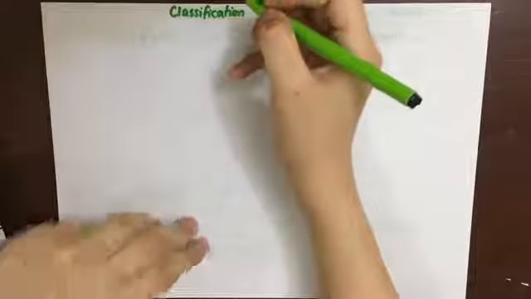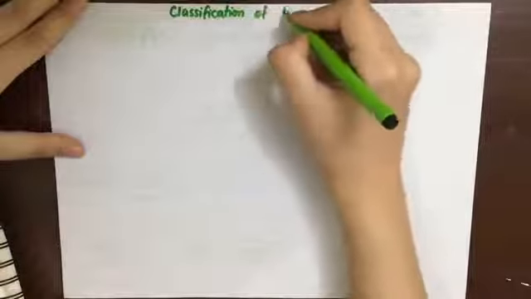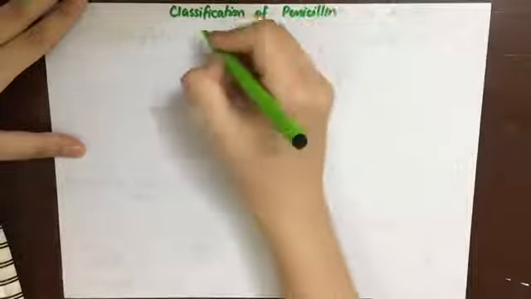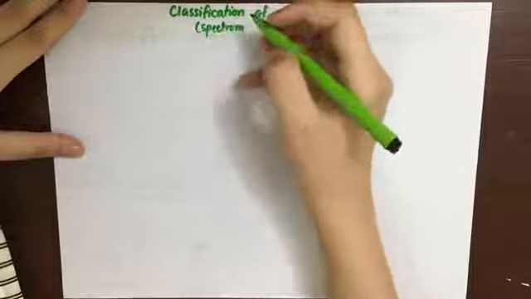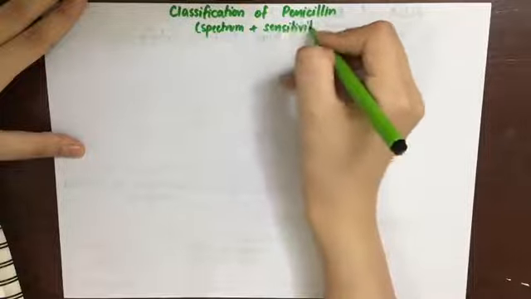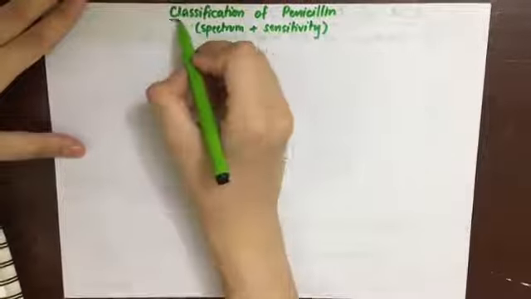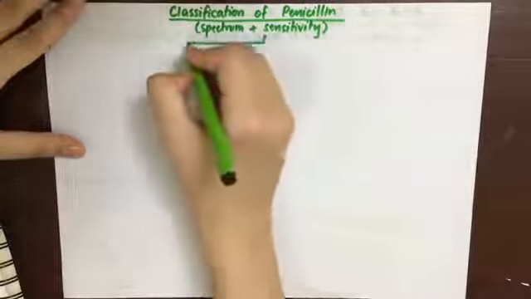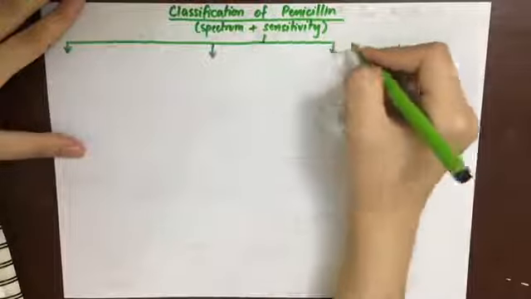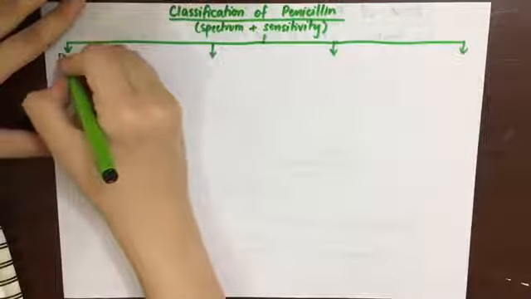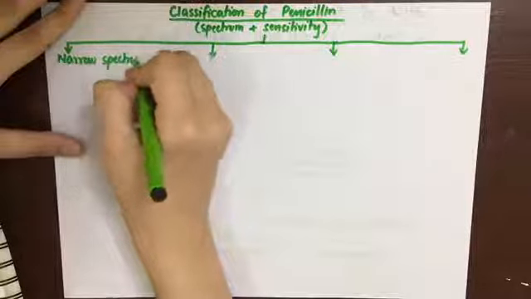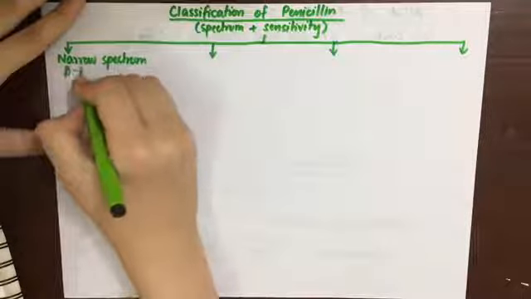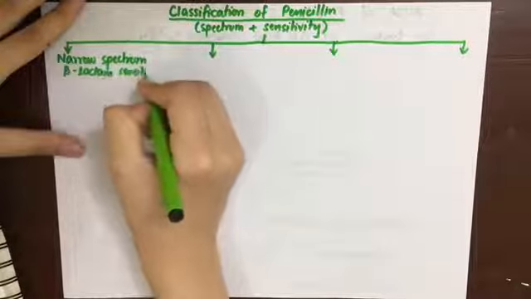Now we'll see the classification of different penicillins on the basis of spectrum of activity and also sensitivity to beta-lactamases. The first one are the narrow spectrum or the natural penicillins, and they are actually sensitive to beta-lactamases. Next are the very narrow spectrum semi-synthetic penicillins.